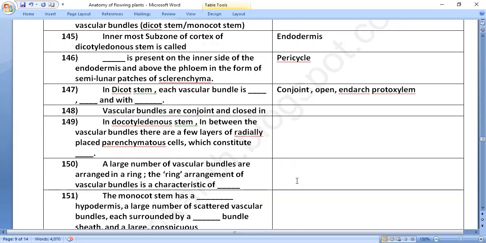Vascular bundles are conjoined and closed in monocot stem.